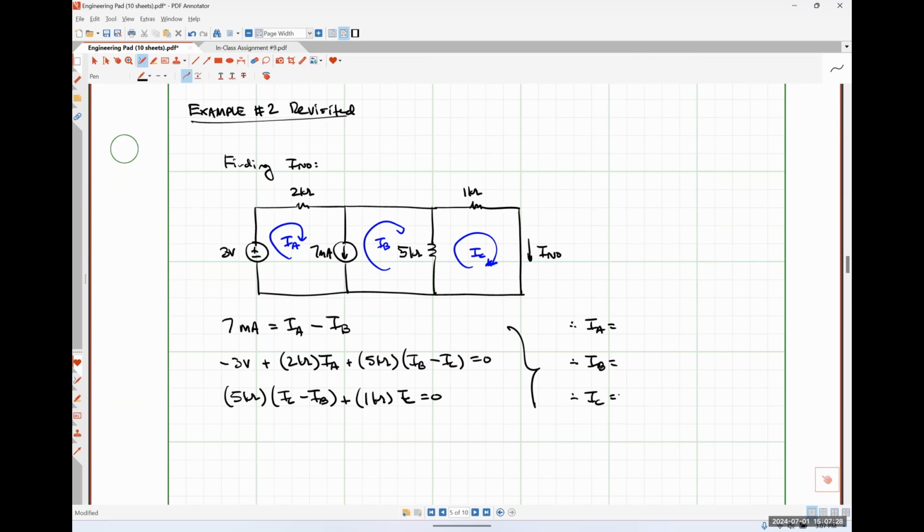In our third equation, our coefficient for IA is 0, our coefficient for IB is -5000, and our coefficient for IC will be 5000 plus 1000, and our constant term is 0. Solving, I get 3.1176, so let's call it 3.118 milliamps, 3.882 milliamps, and 3.235 milliamps.